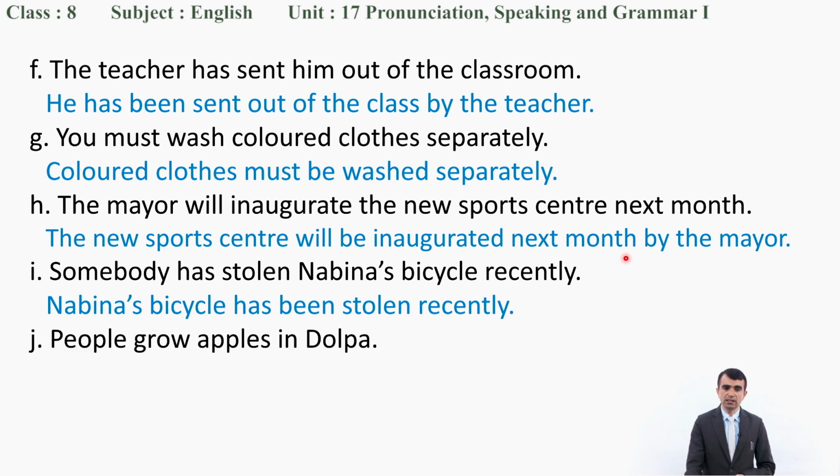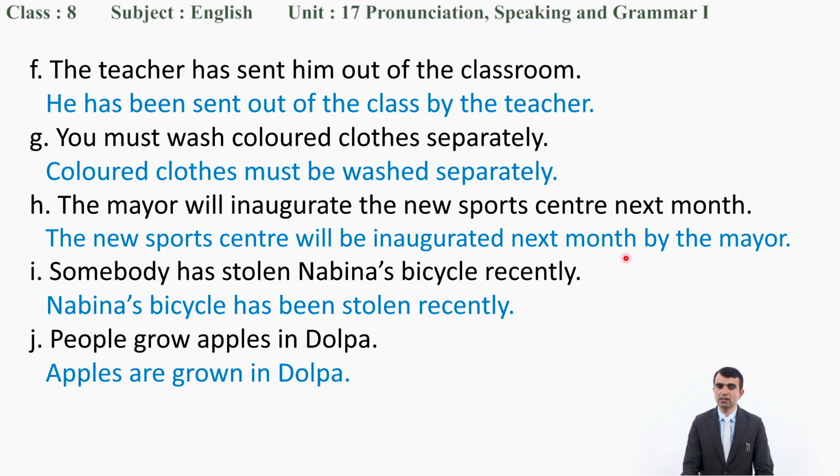Well, finally, J, people grew apples in Dolpa. Apples is the object, people the subject. Now apples is the subject, you can write apples are grown in Dolpa. By the people is not necessary, that is automatically understood, isn't it?